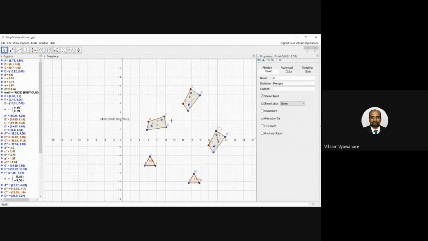Okay, so let us look at a problem where we can have the positions of the pivots or the ground links specified. I have just drawn these polygons to represent the ground links. It is nothing; the software is only for drawing geometry.